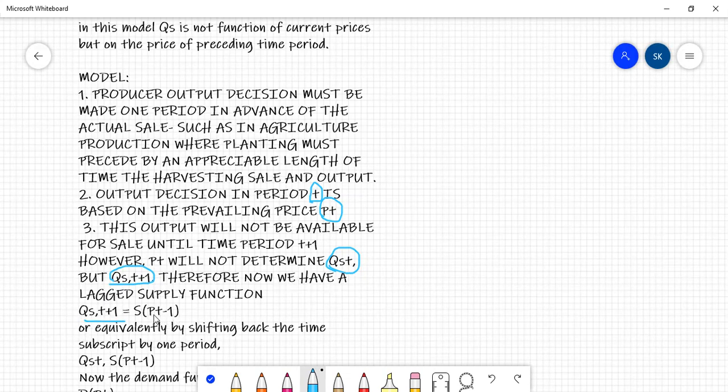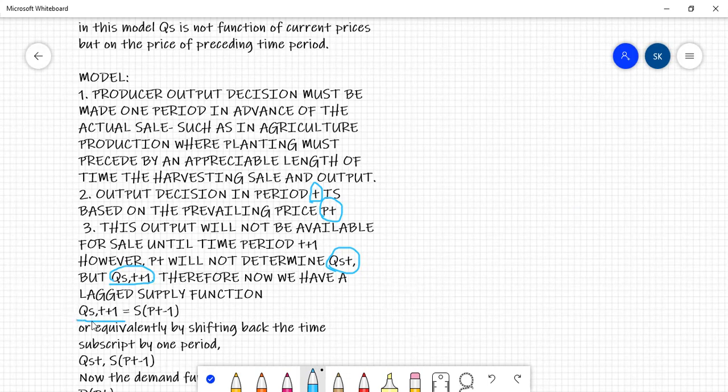This should be clear to you. Prices in the time period t minus 1 will determine the supply of the product in time period t. Or equivalently, we can shift the time subscript back by one time period.